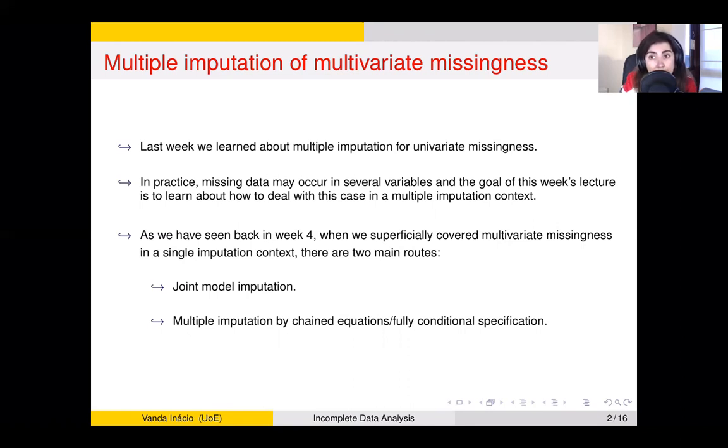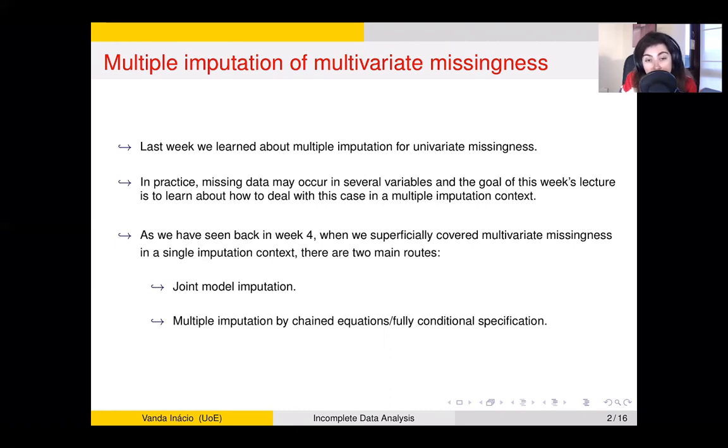And if you remember, if we go back to week 4, we have superficially touched this issue when we were learning single imputation, and we started also with the case where only one variable had missing values, and then we said, okay, and now what should we do in case there are several variables with missing values? And we have seen back then that there are two approaches for the case where several variables have missing values.